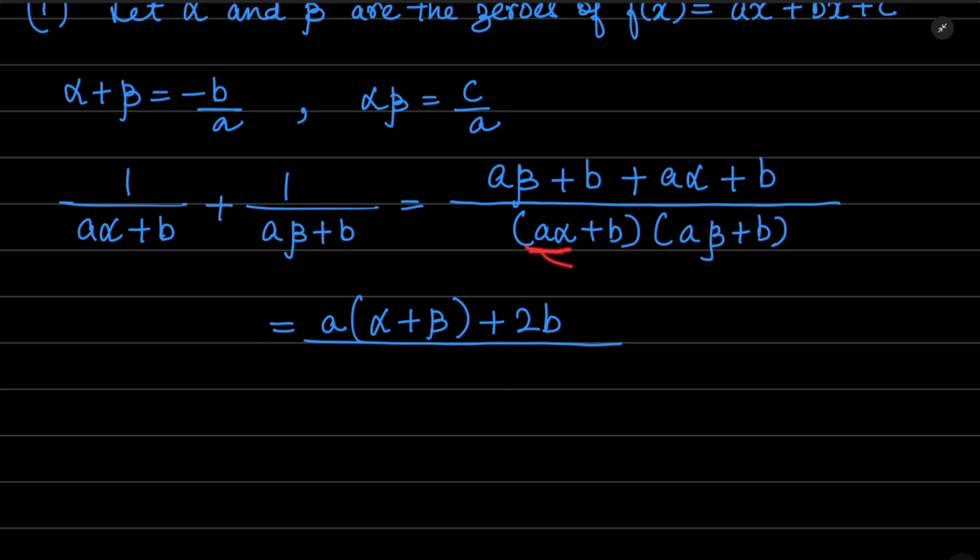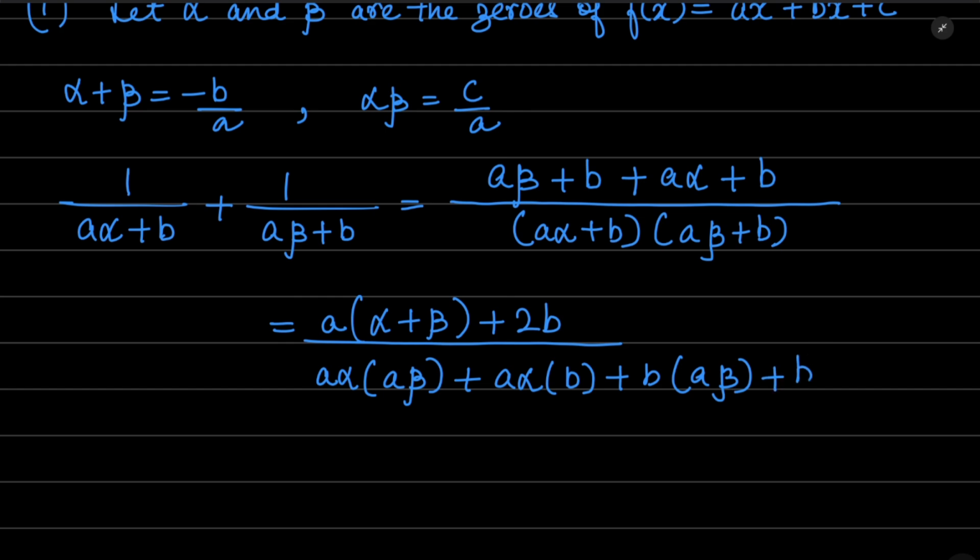So a alpha into a beta. What is a alpha into a beta? Let me write it and then I will expand it. Okay, a alpha into a beta plus a alpha into b. Right, the first term with the first two terms, a alpha into b, and then plus b into a beta plus b into b, which is b square.